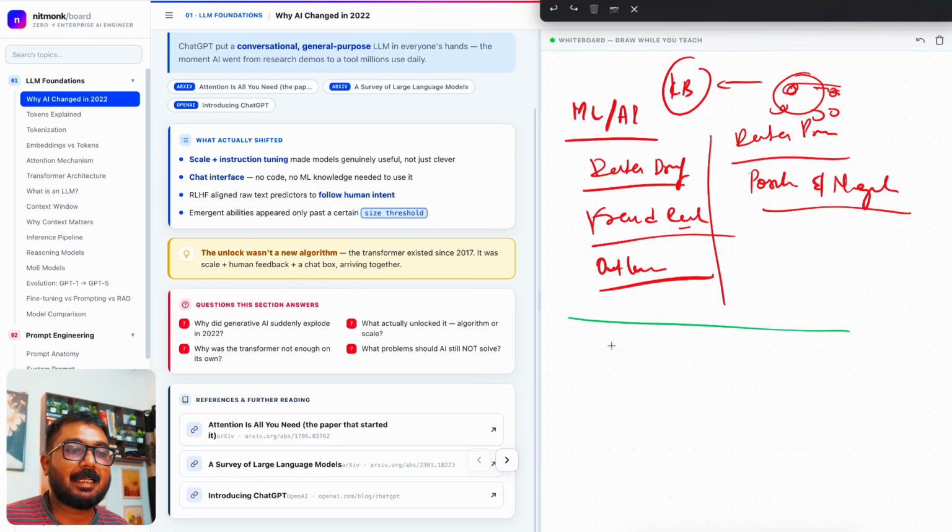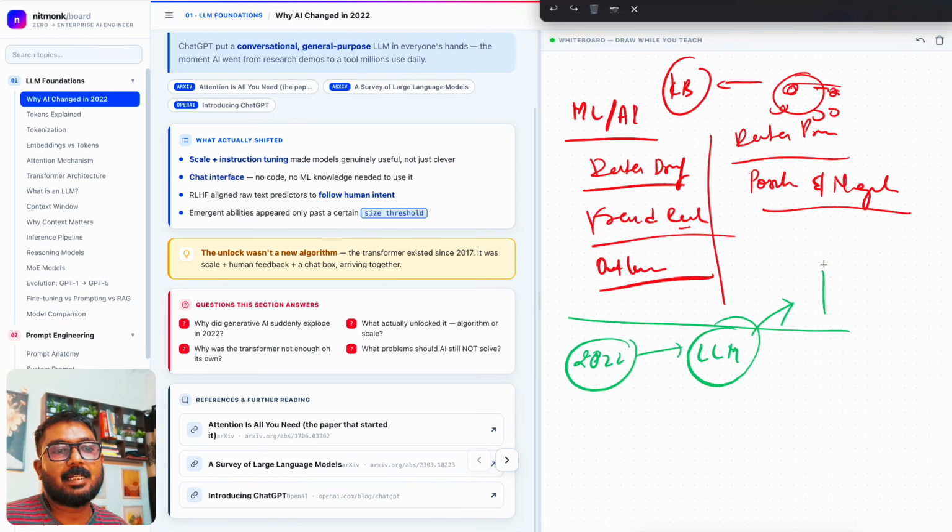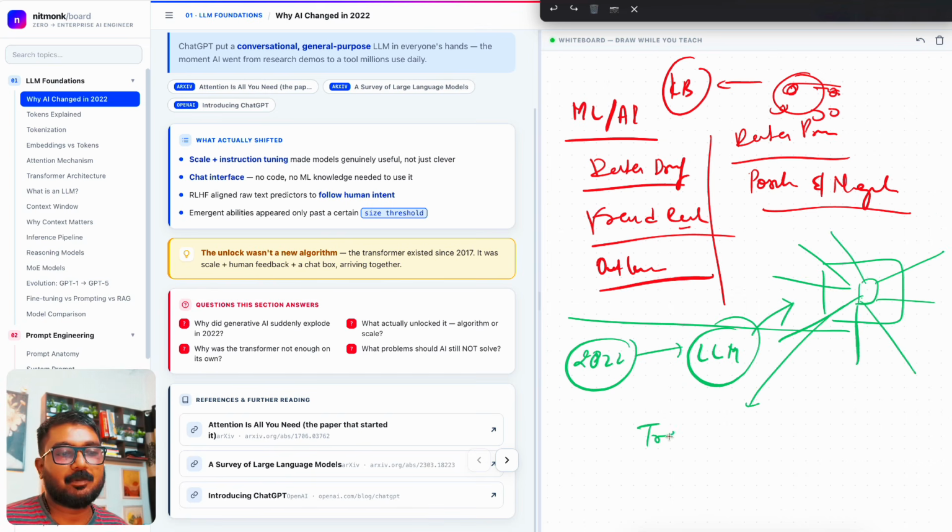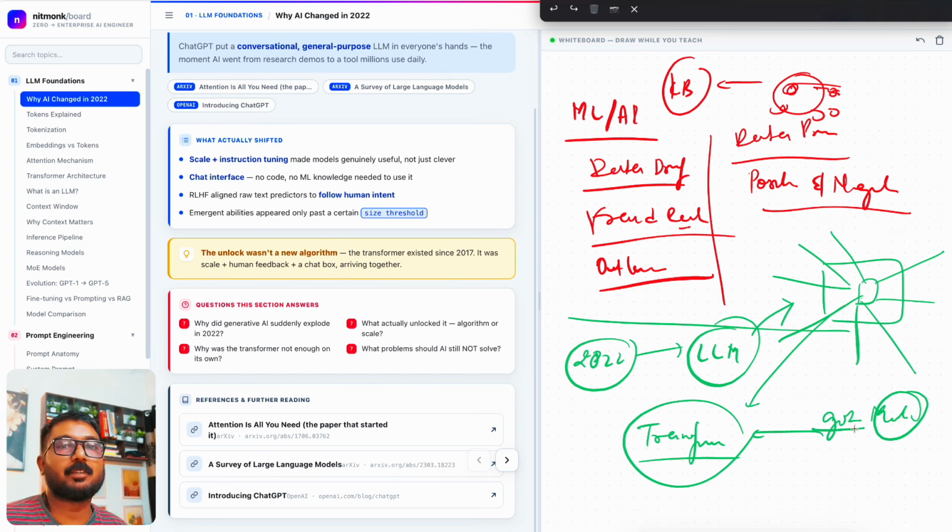But that's exactly what changed in 2022, when the LLM came into the picture, and that LLM is like a centralized model that is empowering people all over the globe, and it is powered by the transformer. This transformer got trained on millions and millions of pieces of data from all over the globe.